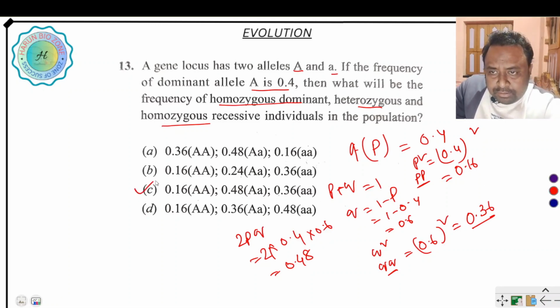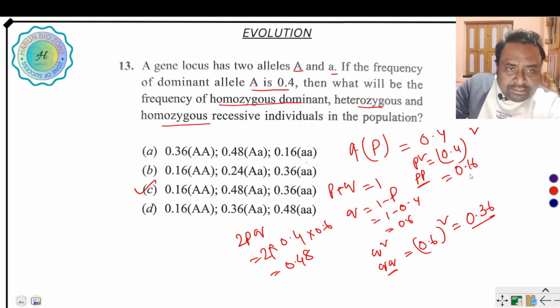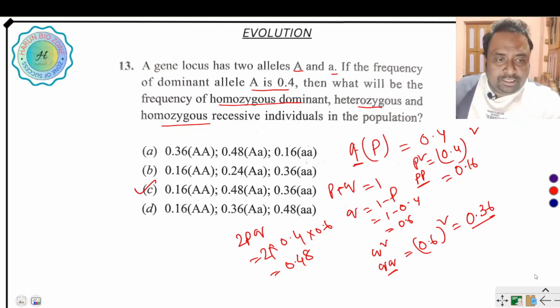C is the correct option. AA is 0.16, Aa is 0.48, that is 2pq, heterozygous, and homozygous recessive is 0.36. C is the correct option.